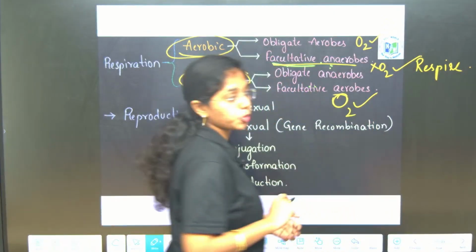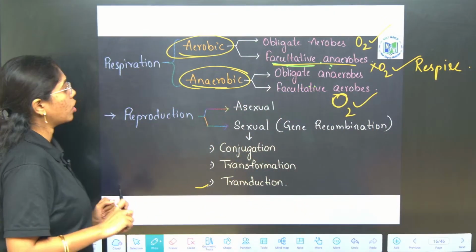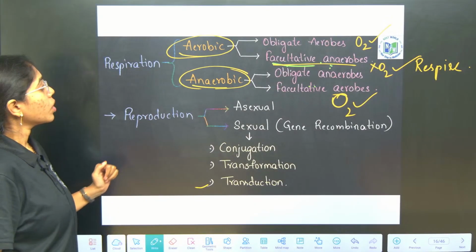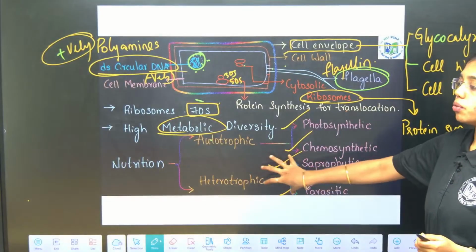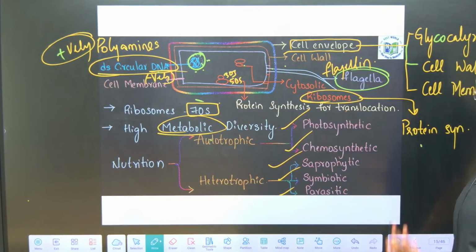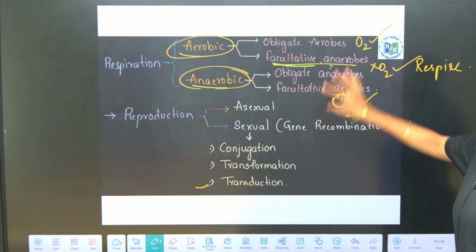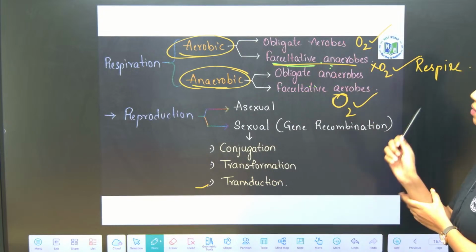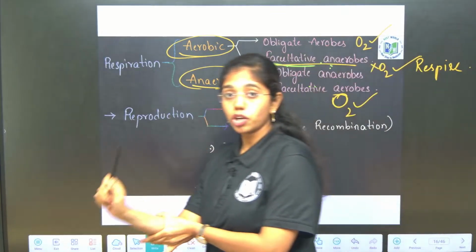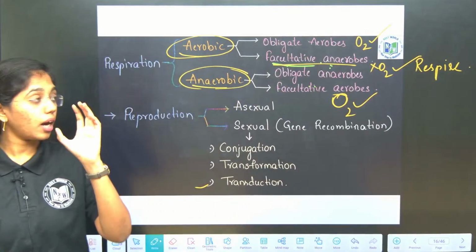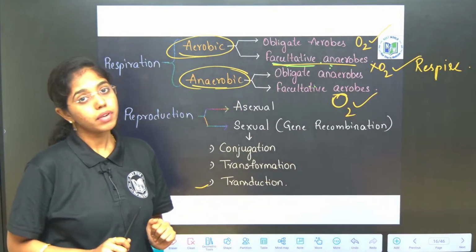So I think you got that metabolic diversity. This is the nutritional diversity exhibited by the kingdom Monera, and this is the respiratory diversity: both aerobic and anaerobic, obligate aerobes, facultative anaerobes, obligate anaerobes and facultative aerobes.